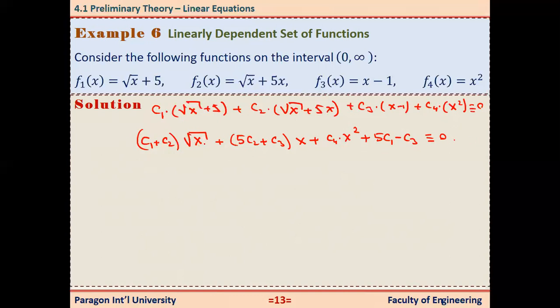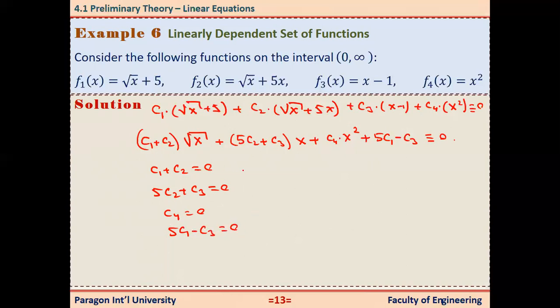So the coefficients of square root of x, x, and x squared, and the constant 5c1 minus c3, on the right-hand side we have 0, like 0 times square root of x plus 0 times x plus 0 times x squared. So when is it equal to 0? If and only if c1 plus c2 is equal to 0, 5c2 plus c3 is equal to 0, c4 is equal to 0, and 5c1 minus c3 is equal to 0.